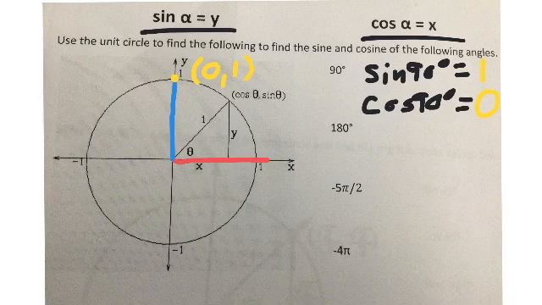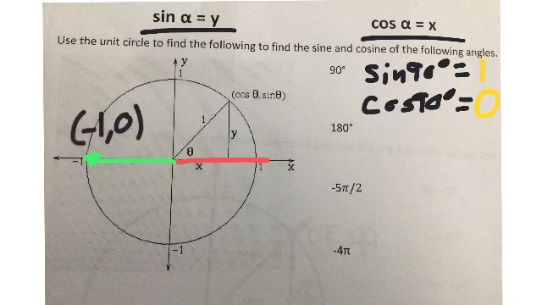On the next rotation, it is 180 degrees. So now we are not rotating 90 degrees, we are rotating 180 degrees. So 180 degree rotation will put me here. Since I ended on an axis, I want to identify what is that point. So now on the x-axis, I went left 1, so the x value is negative 1. The y value, I didn't go up or down, so it's 0.